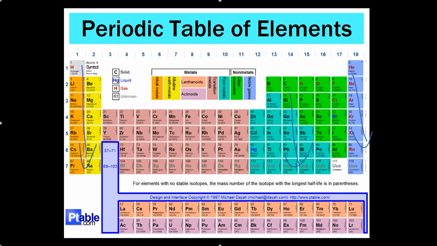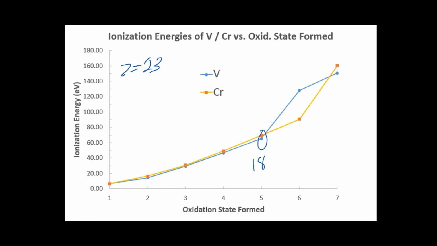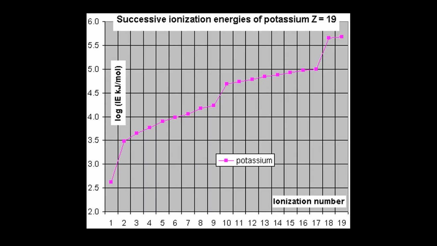Noble gases are so stable that it requires a lot of energy to remove one electron. Hence, the big jump in the ionization energy. And after that, it still gradually increases.